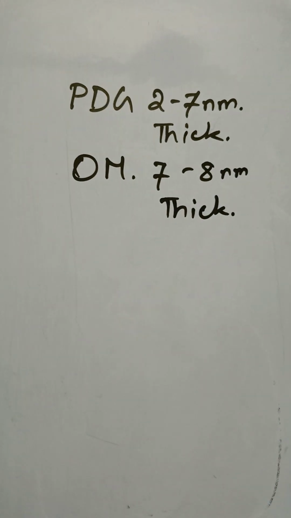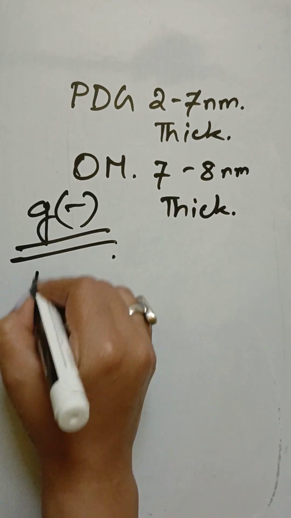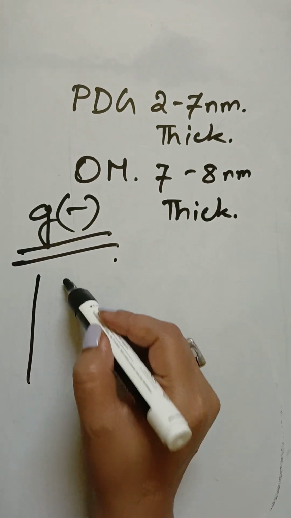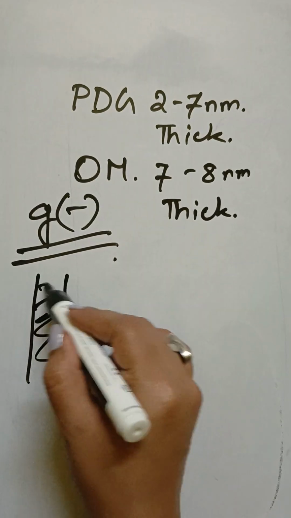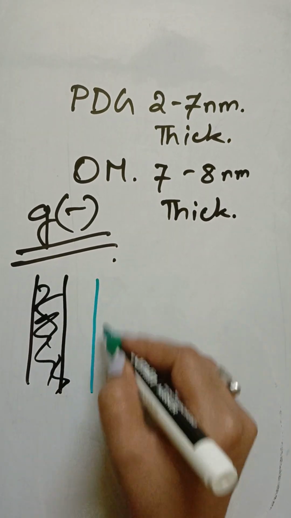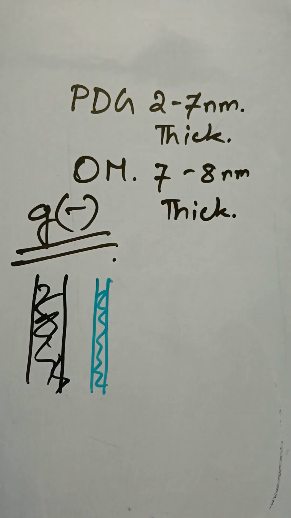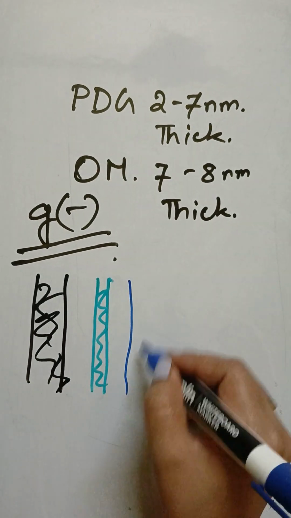So in case of gram-negative bacteria, there is an outer membrane, there is a PDG, and then finally a cell membrane.